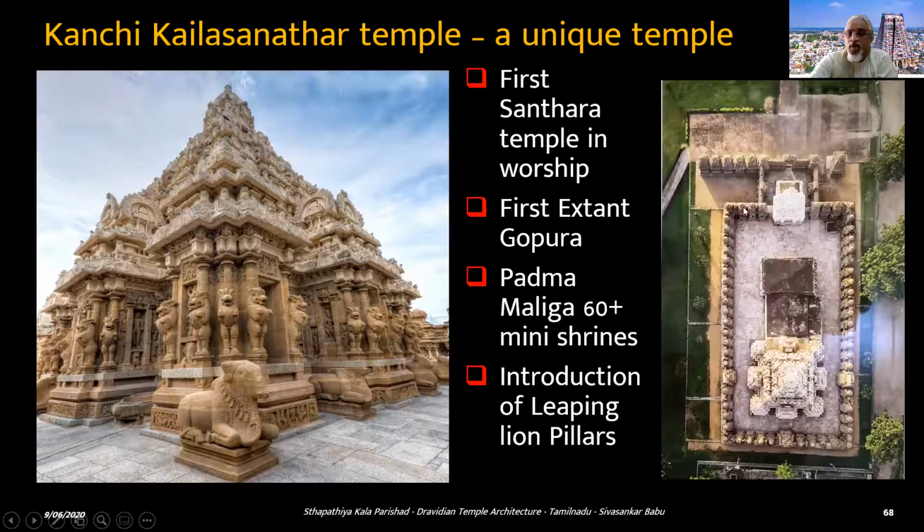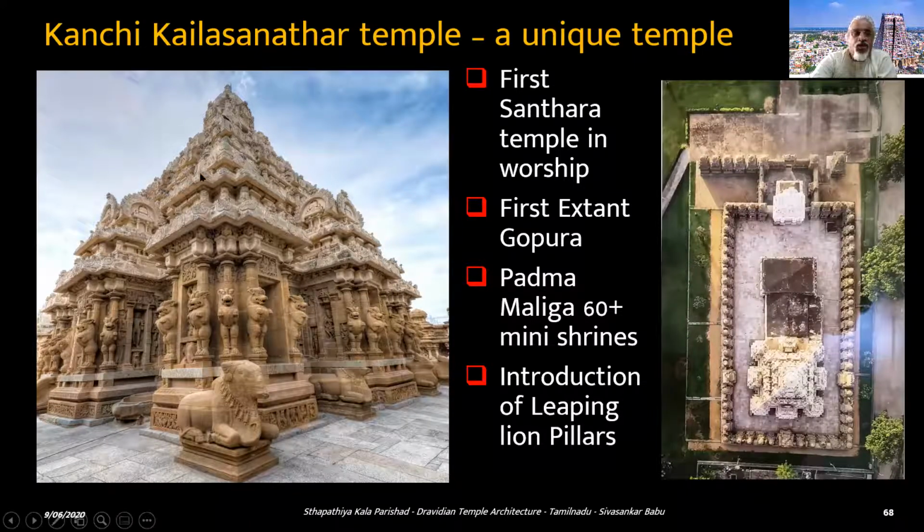This is called Padmamalya. This is not just one, there are 60 of them, small shrines complete from Adhisthana up to the Shikara, and each one containing superb sculptures about Shiva Purana and all the happenings.